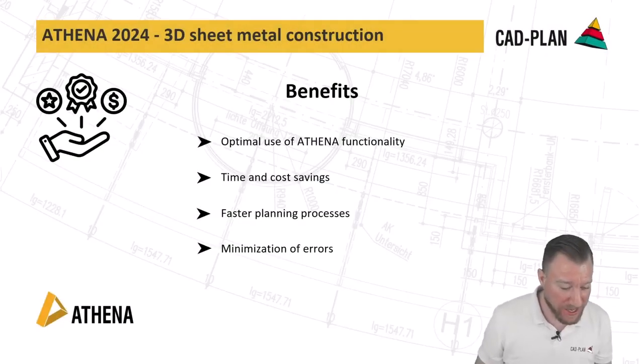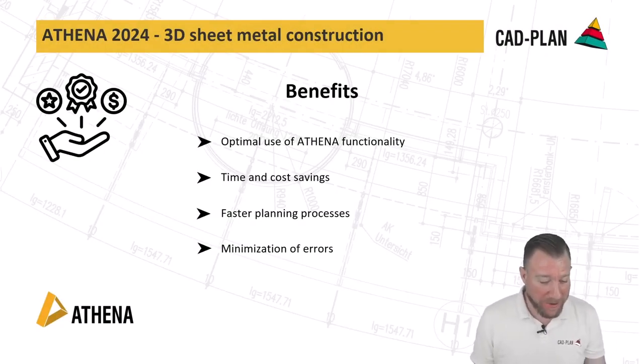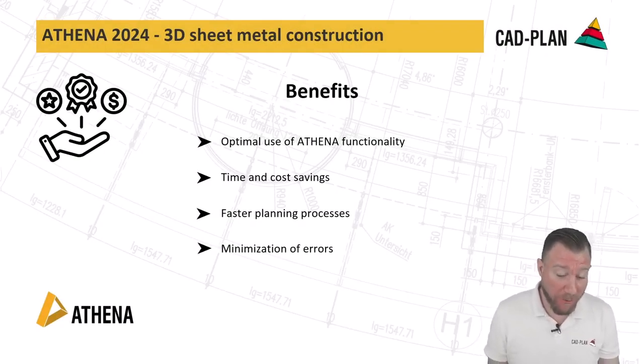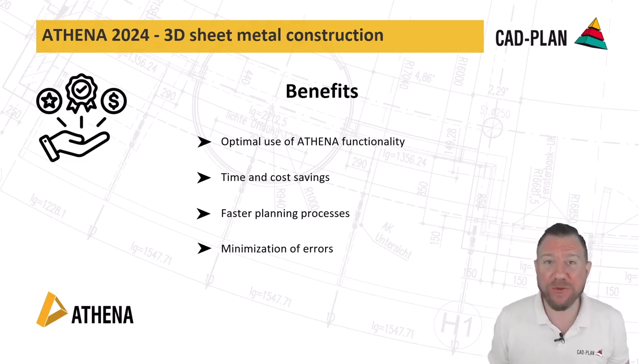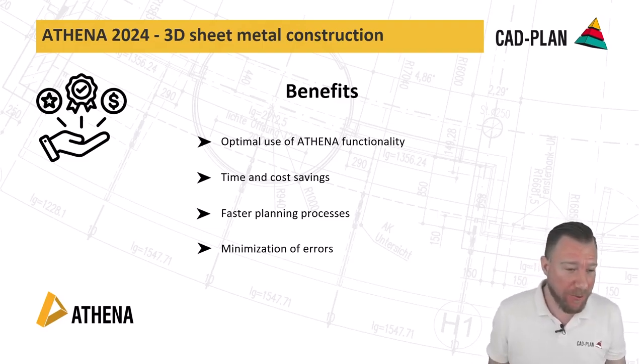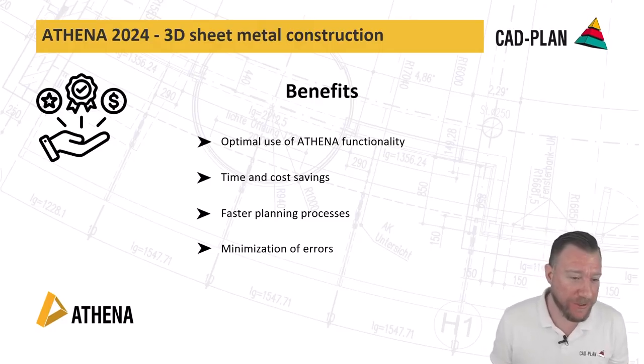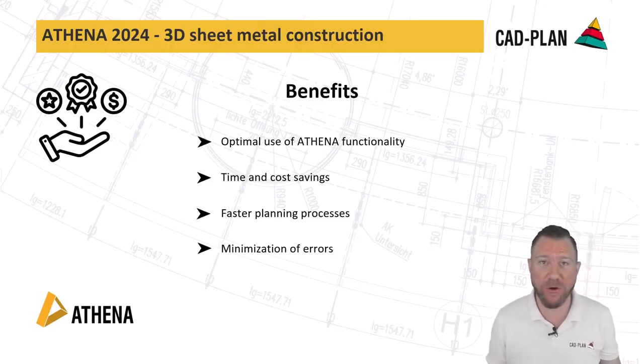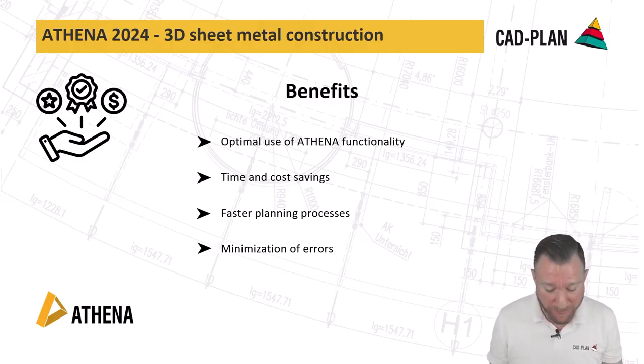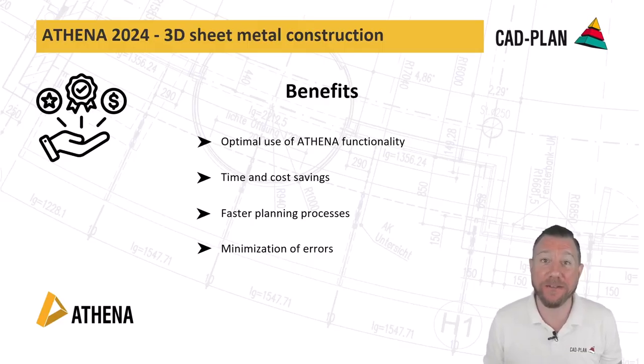So then we start the webinar ATHENA 2024 3D sheet metal construction, and I will show you today the example sheet metal construction entrance portal, and how to use the ATHENA 3D technology.